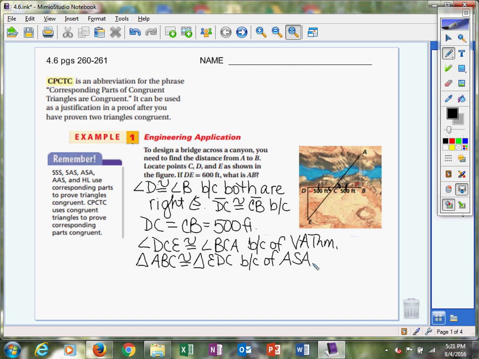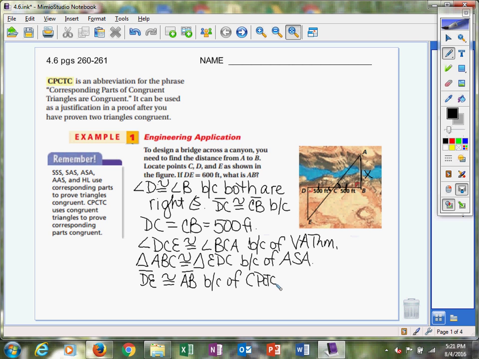So they want us to find the length of AB. This is the question right here: how long is AB? Well, now that we know that the triangles are congruent, we can actually do something here. So what we can say is segment DE, because we had information given to us about DE, DE is congruent to AB because of, and this is where you insert CPCTC, okay, cupcake, because of cupcake.